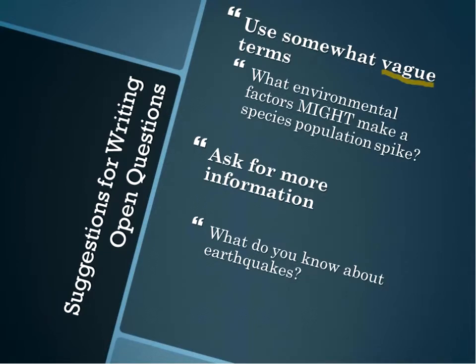So then let's go through the class and talk about what makes those that are correct, what factors or variables and values make those other responses not correct. And also ask for more information. What do you know about this particular topic? Instead of just asking about the topic itself.